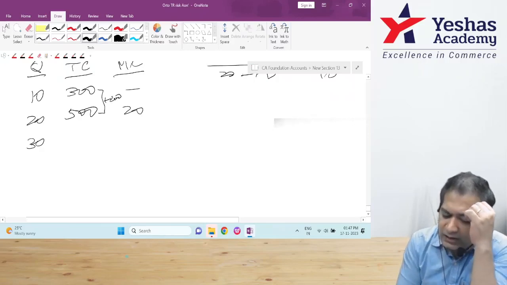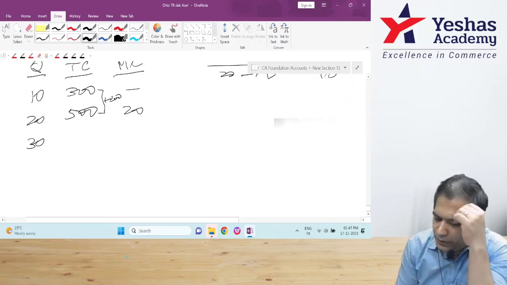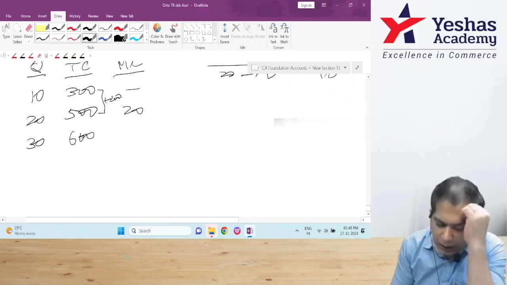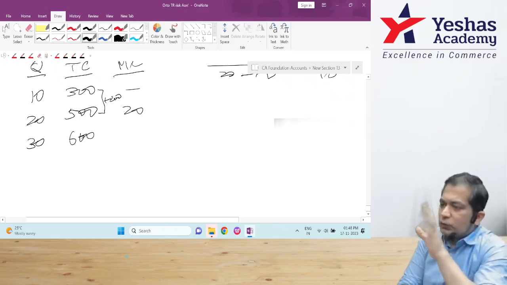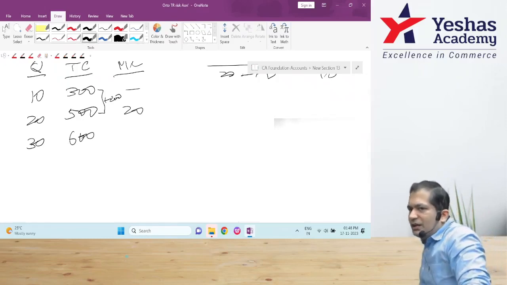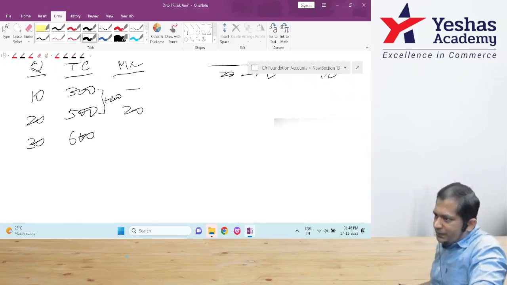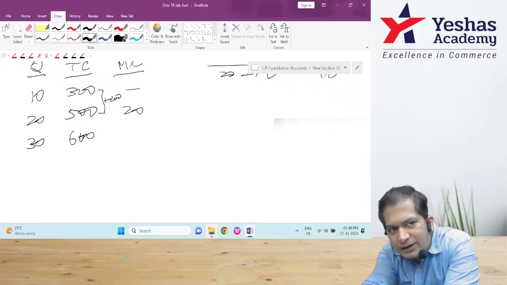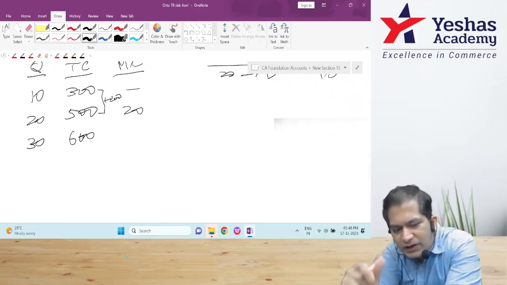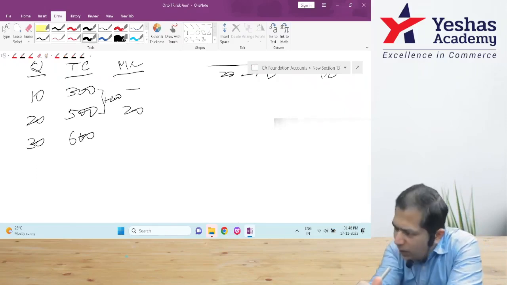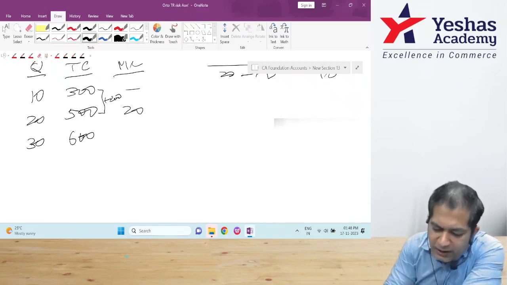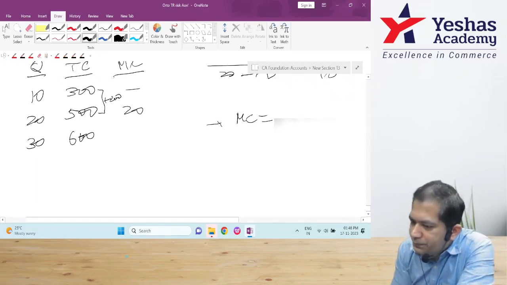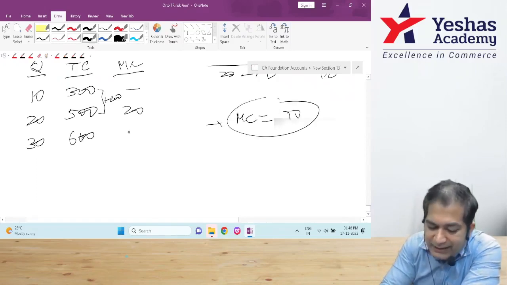If I produce 10 more units and it increases to 600, now tell me, is the total cost increasing at a diminishing rate or increasing rate? Same, at a diminishing rate, because the previous one increased by 200. Now for the same increase in quantity, it is increasing by 100. So if I calculate the marginal cost here, you tell me what should be the value? The value will be 10.